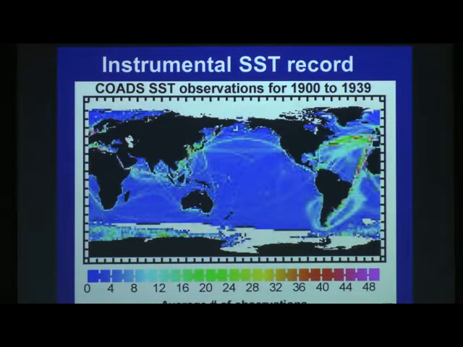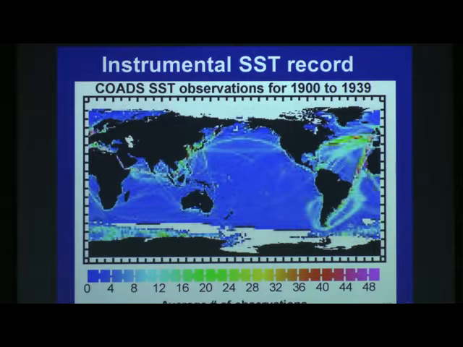This is a figure I borrowed from my dissertation to illustrate where this lack of information is. We have a database called COADS, and this is all ship of opportunity recordings of sea surface temperature, and it all goes into this big database. These gridded data sets, such as the Hadley data set or the Extended Reconstruction SST data set, all use this COADS data set.